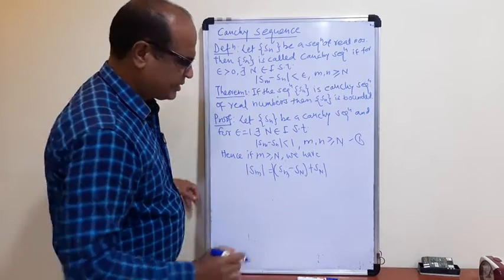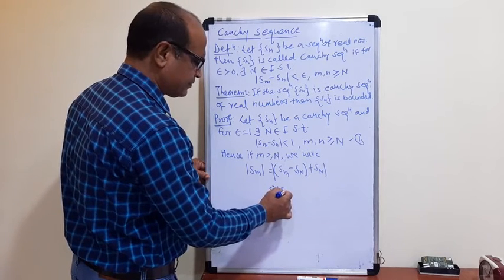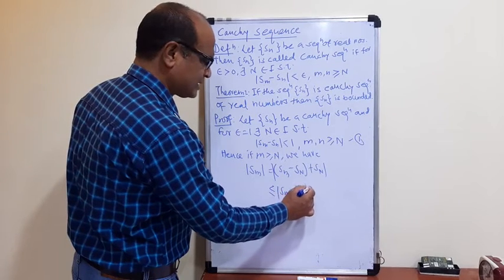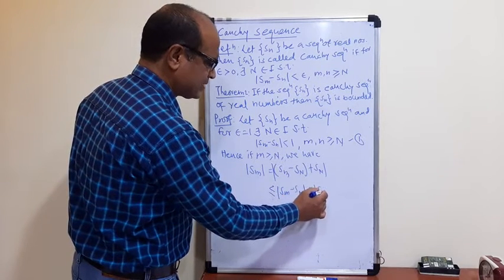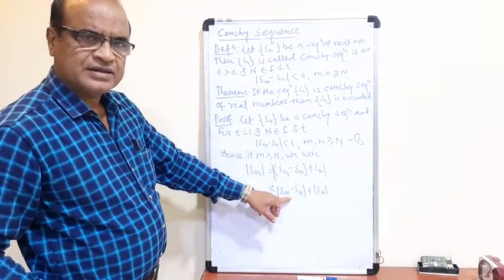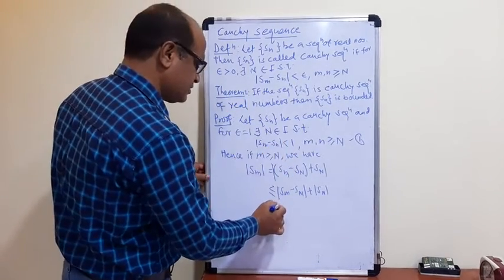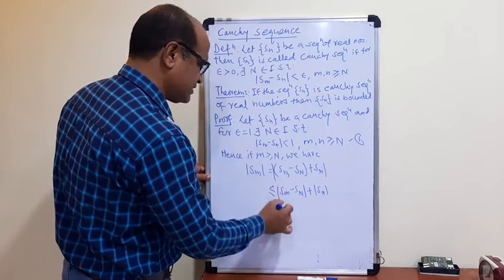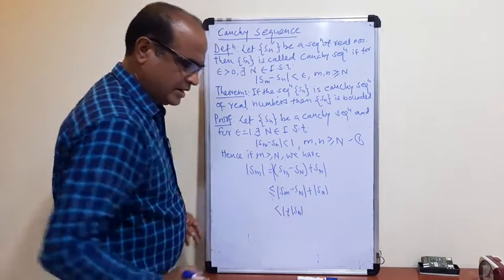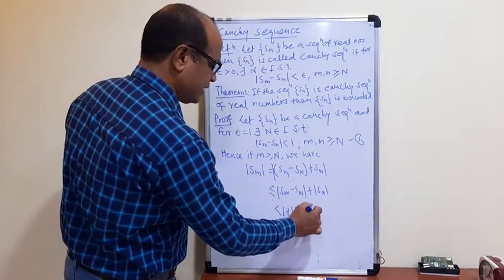By the inequality, this is less than or equal to mod of Sm minus Sn plus mod of Sn. But this is a Cauchy sequence, so this is less than 1. So this is less than 1 plus mod of Sn, where m is greater than or equal to N.